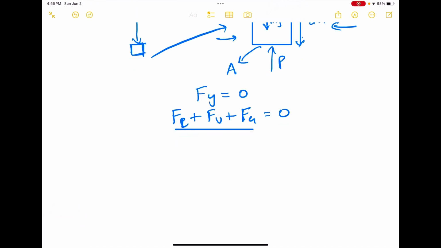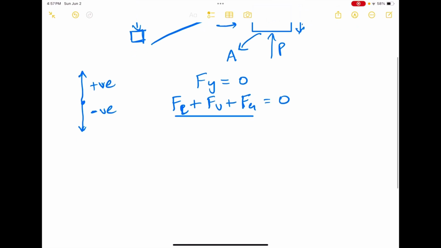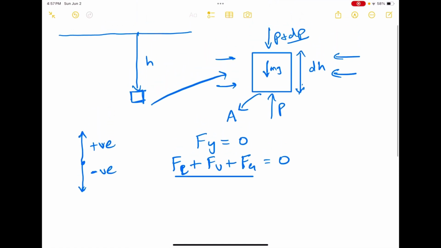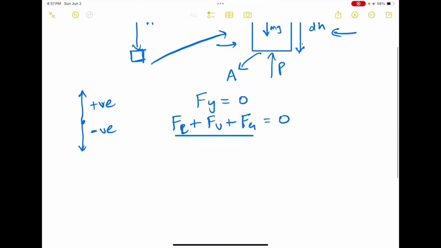Now, according to the standard convention, let's take the force which is acting upwards on this fluid element as positive, and let's take the force which is acting downward on the fluid element as negative. So Fl is the force acting on the lower surface of the cubical element, which is acting upwards.